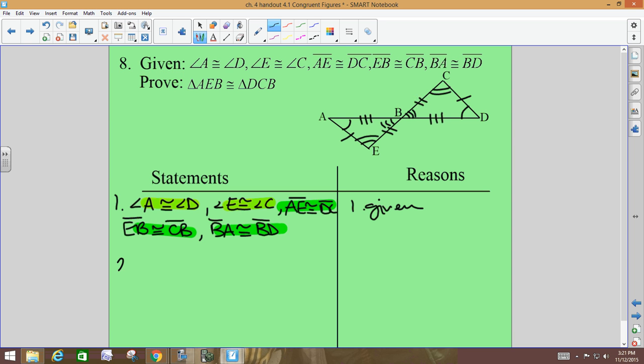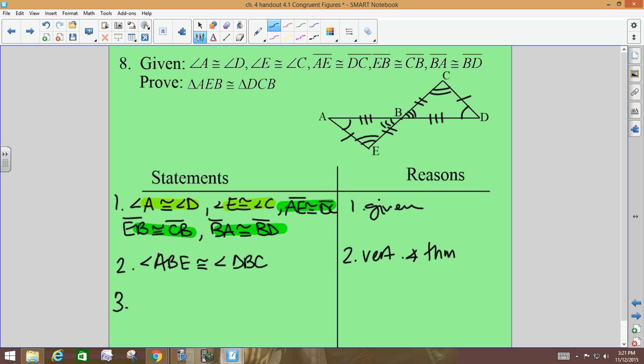Awesome. So on step 2, angle ABE is congruent to angle DBC by your vertical angle theorem. Make sure anytime you have vertical angles, you're using 3 letters to name it. If you said angle B, there's technically, anytime you have vertical angles, you should use 3 letters.